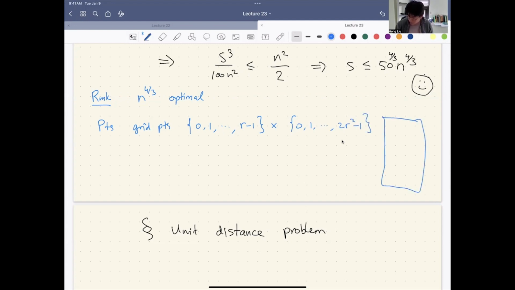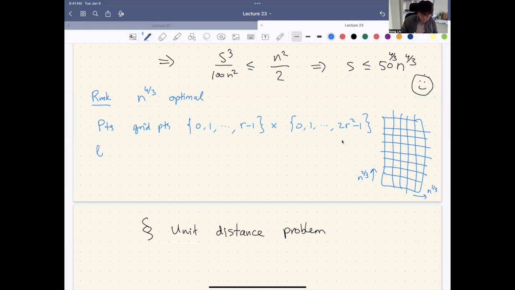It's an asymmetric grid where this side is roughly n to the 1/3 and this side is n to the 2/3. Okay? R by R squared, so roughly n to the 1/3 by n to the 2/3. You take all the grid points. This is the point set.